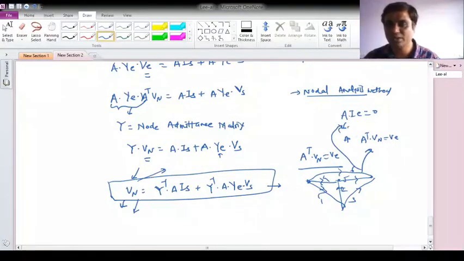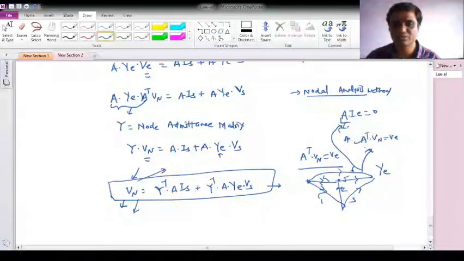Now once I know A transpose as well as YE. Okay, so now what have you obtained? You obtained A transpose. Again what I want is the source voltages. So you go to your network, find that particular branch, whether a current source is present in parallel or not. If it is present, you include that particular value in the element of that IS vector.